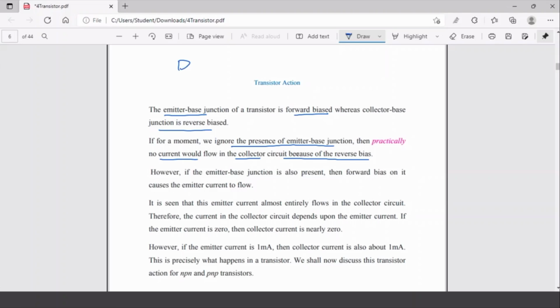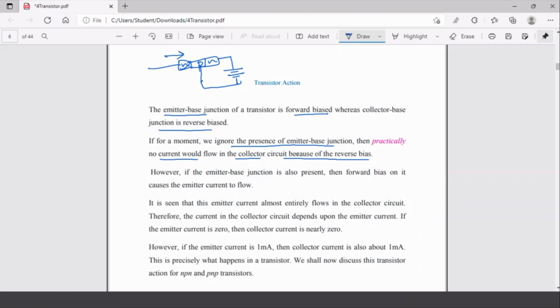This is an NPN transistor, and if we have applied a reverse bias here, that means positive is applied here, and there is no bias applied here. If we ignore this emitter base junction, then practically no current would flow in this collector circuit, because this is a completely reverse biased region and there are no charges injected from the emitter.